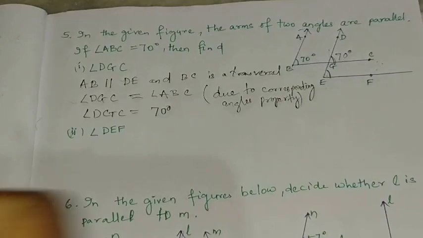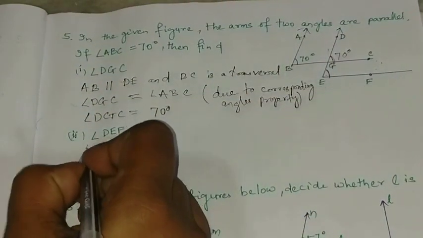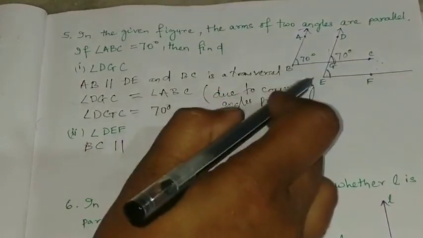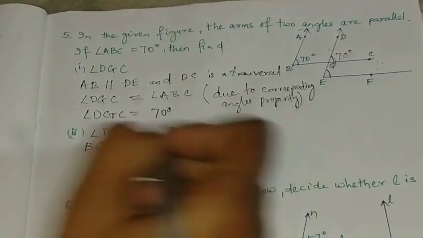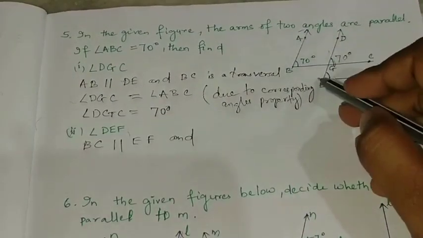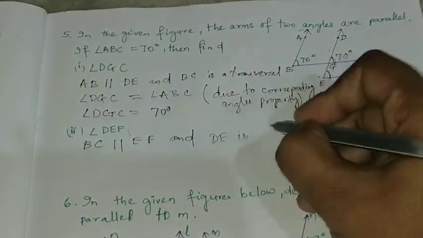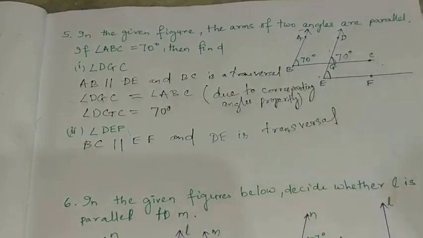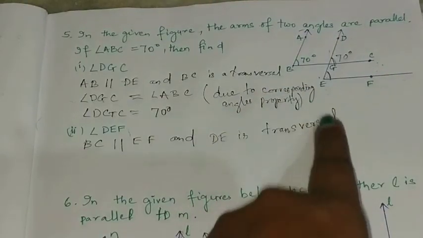So write down: line BC is parallel to EF, and line DE is what? It is a transversal. So BC is parallel to EF, line DE is transversal.